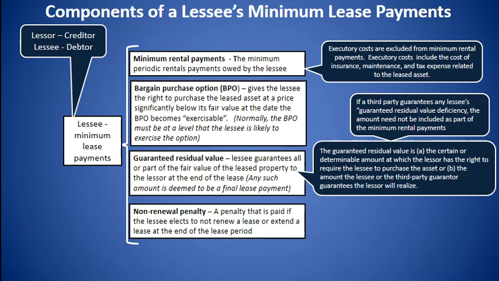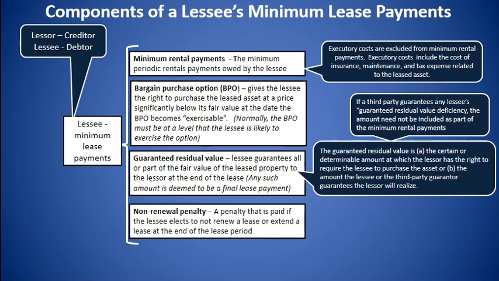If for whatever reason it has a value of $6,000, I have to make a final lease payment called the guaranteed residual value. In that case, it would be $4,000 because you're guaranteeing to the lessor that that property will be the guaranteed value at the end of the lease.